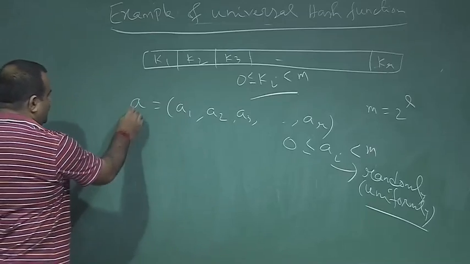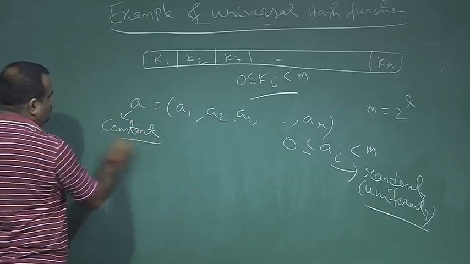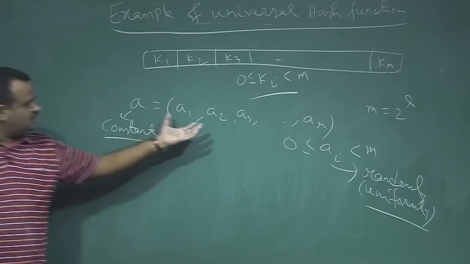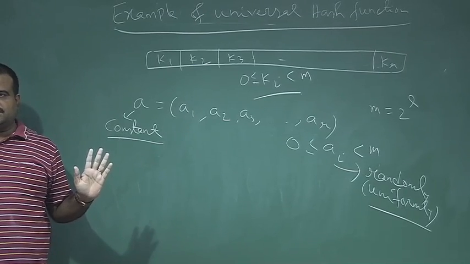So, this is a constant. We randomly choose these ai's, then we have this vector a and we fix it; that is a constant now.